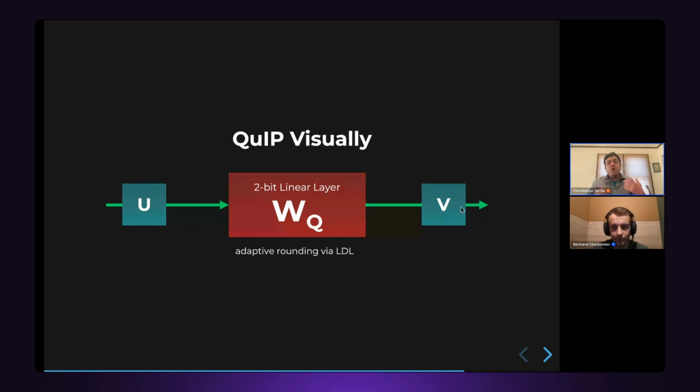So there is some overhead relative to GPTQ. If you just compared it to GPTQ, QuIP has better accuracy, but has some efficiency trade-offs. And those efficiency trade-offs are on some hardware negligible, and on other hardware they might not be negligible. It really depends on how efficiently you can hide these randomized Hadamard transforms.